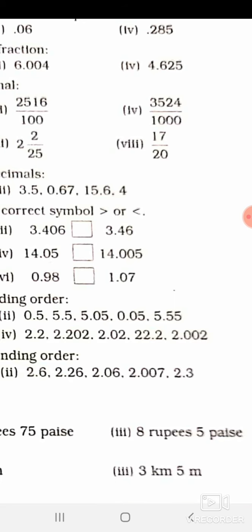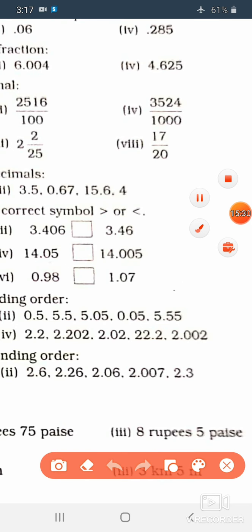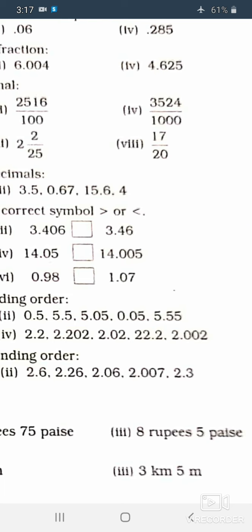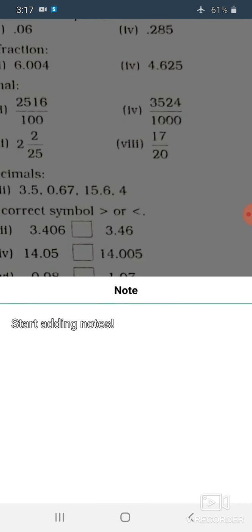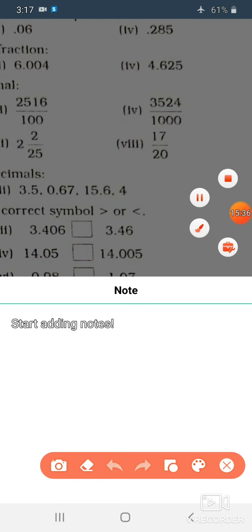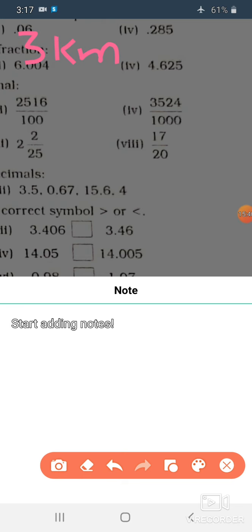Let's see the last question of this chapter, that is 3 kilometer 5 meter. We have to convert it into kilometer. 3 kilometer and 5 meter. 3 kilometer is already in kilometers, so we don't need to change anything in it.